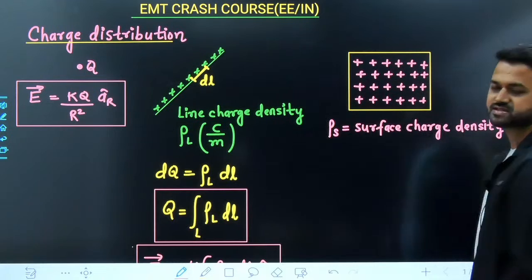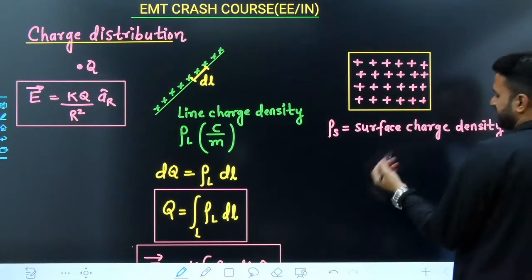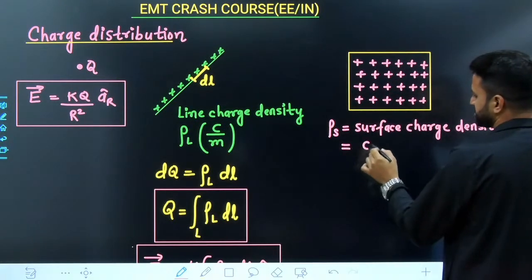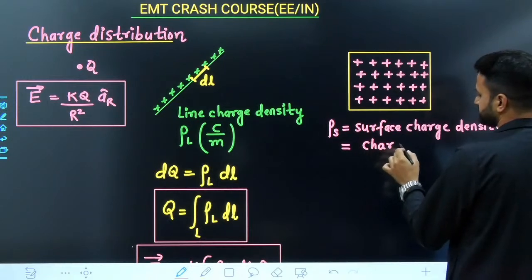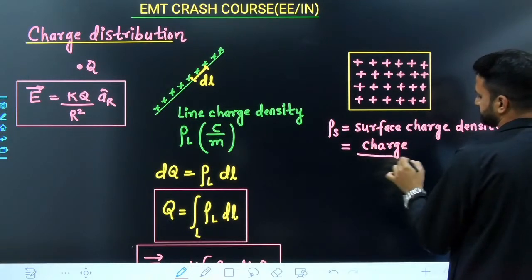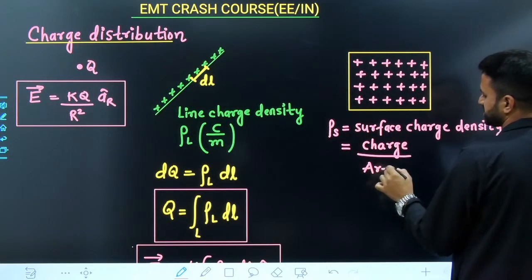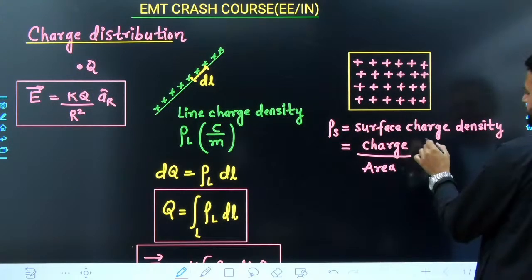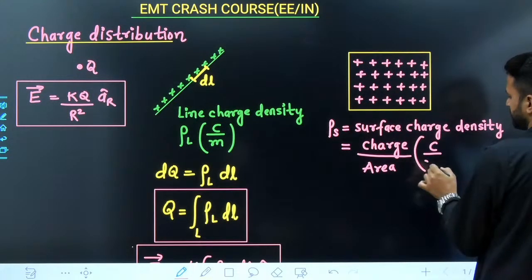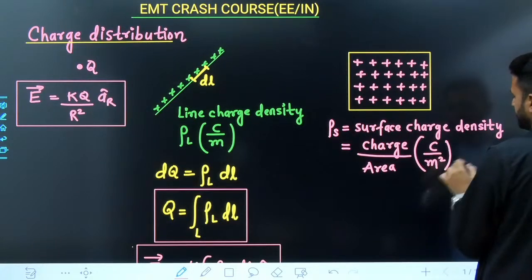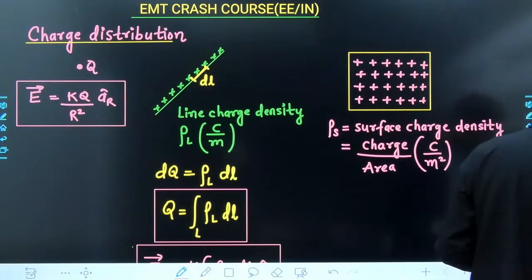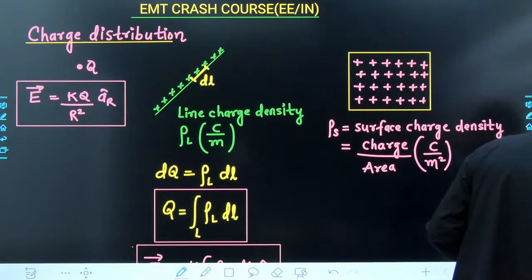The surface charge density is defined as charge per unit area. Because it is charge per unit area, its unit is coulomb per meter square.